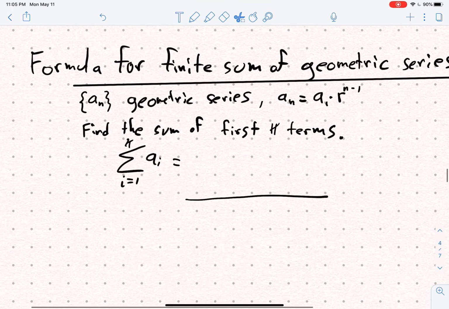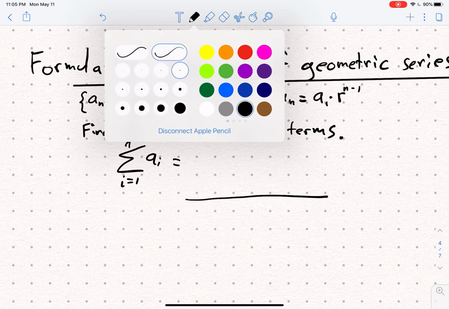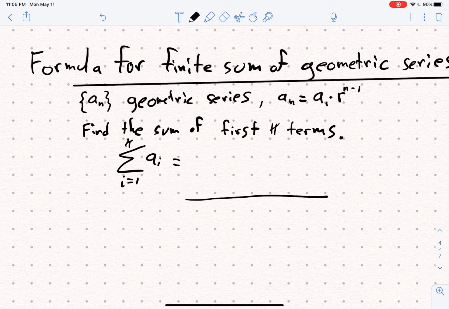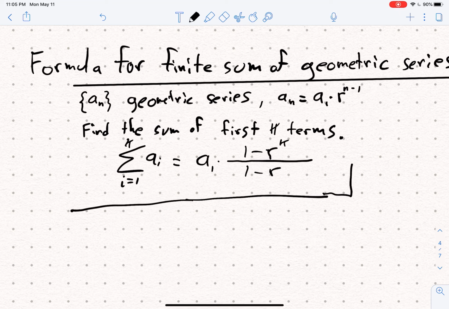The sum of the first k terms in a geometric series, which has initial term a1 and common ratio r, is, here's our formula. It is a1 times, top of the fraction, 1 minus r to the power k, where k is just how many terms you're adding up. Bottom of the fraction, 1 minus r. There it is.